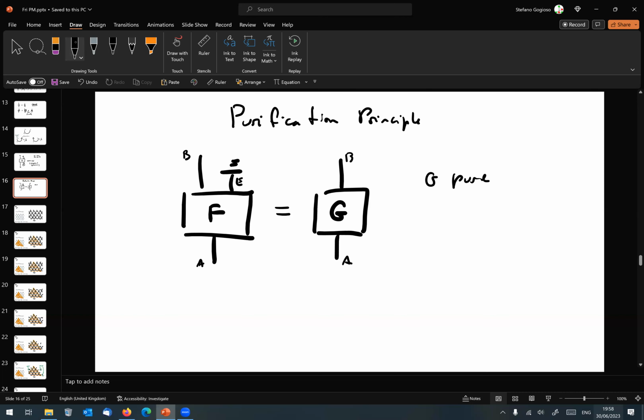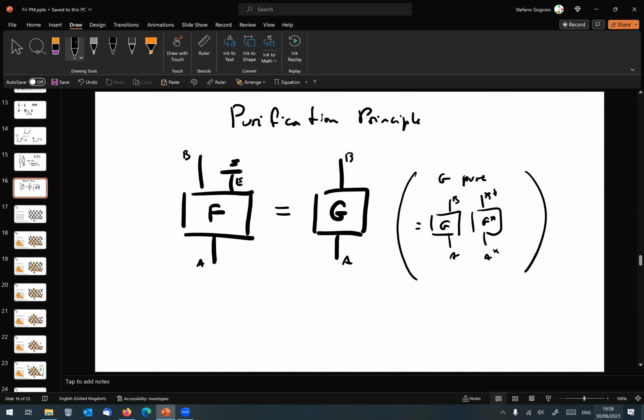G is pure, i.e. it is equal to just a double map, G star, A, B, B star, technically. So we start by asking, can we discard some environment and obtain something which is again pure, which is again unitary or isometric? Can we do that? And the answer is, well, yes, of course you can, but under some conditions. And the condition is that the environment must be completely disconnected from the rest of the map.